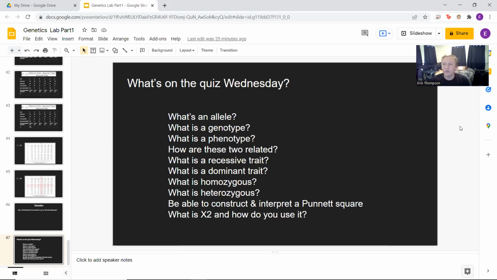So the quiz on Wednesday. If you are a person that waits until Saturday or Sunday to do these, fine, I'm cool with that. Just make sure that you are reading the lab itself before Wednesday, because you'll be able to fill in some of these pieces. And let me start by asking, does anybody know what an allele is?